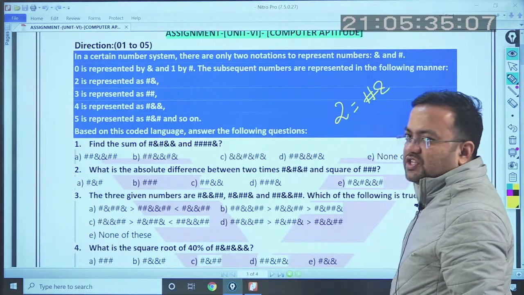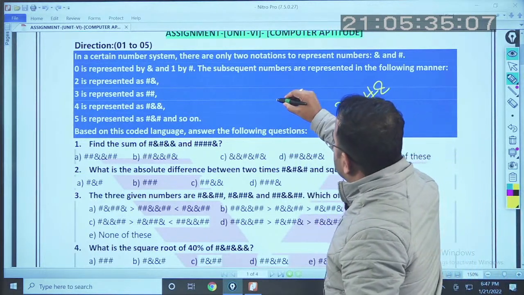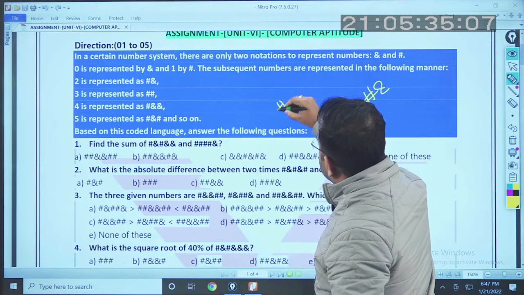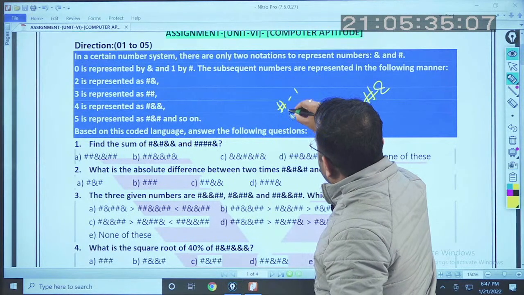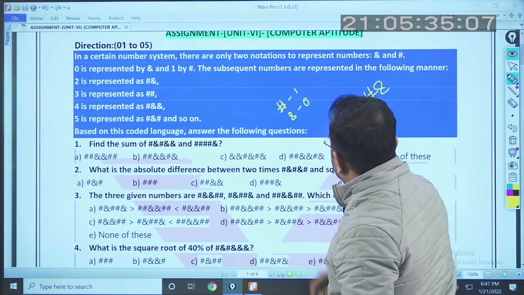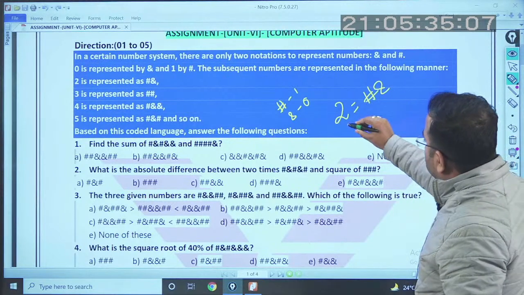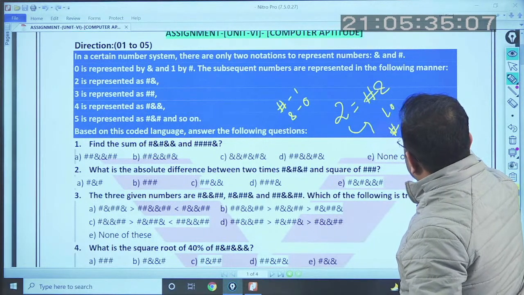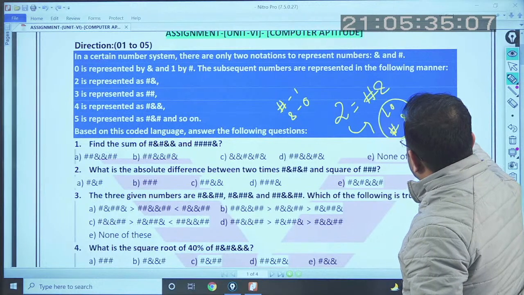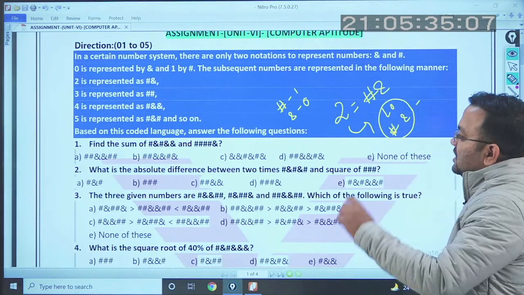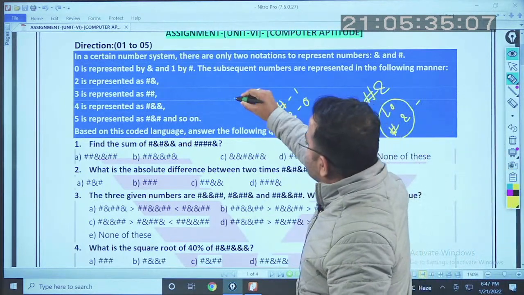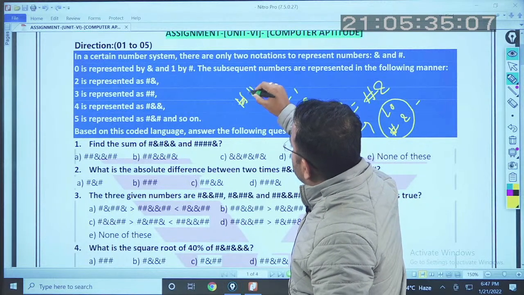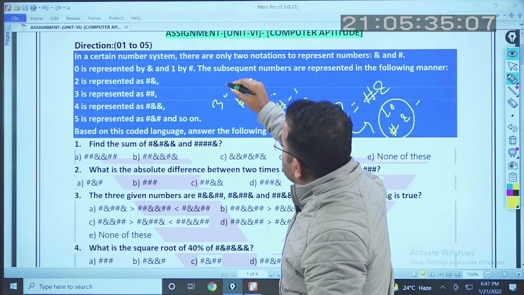What is the logic here? Hash is nothing but 1 and AND is nothing but 0. The binary value of 2 is 1 0, and since 1 is hash and 0 is AND, it is written as hash AND. Like that, 3 is represented as hash hash, because its binary number is 1 1.